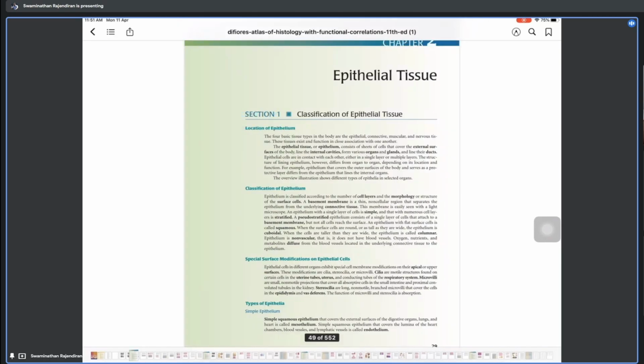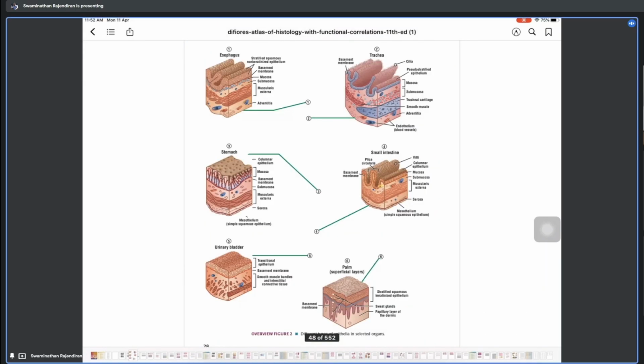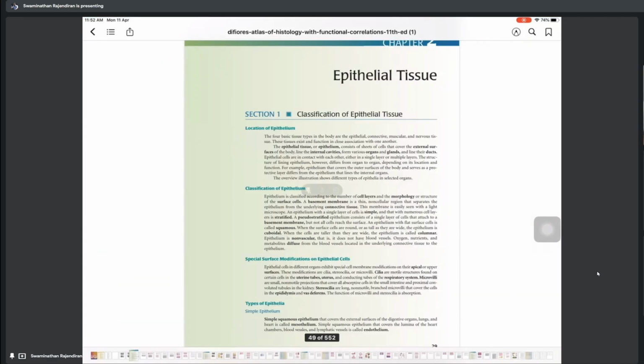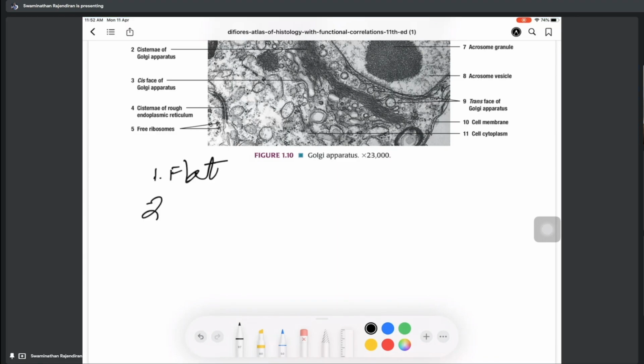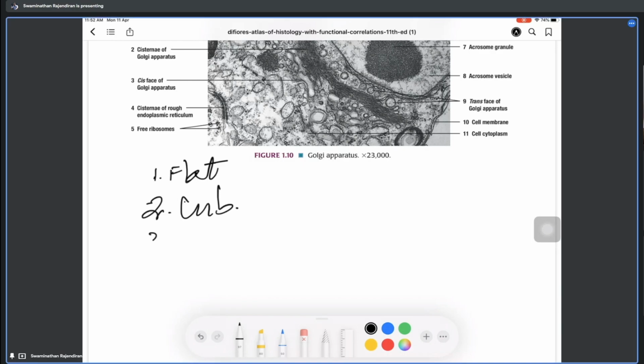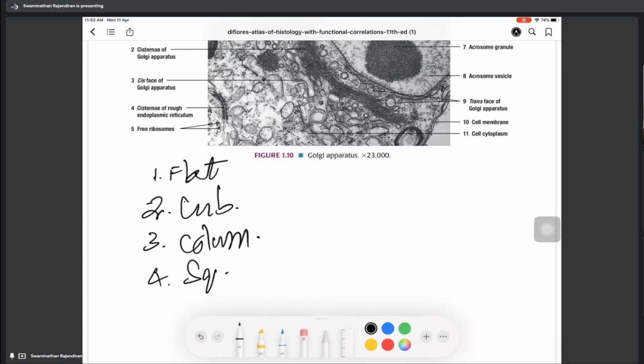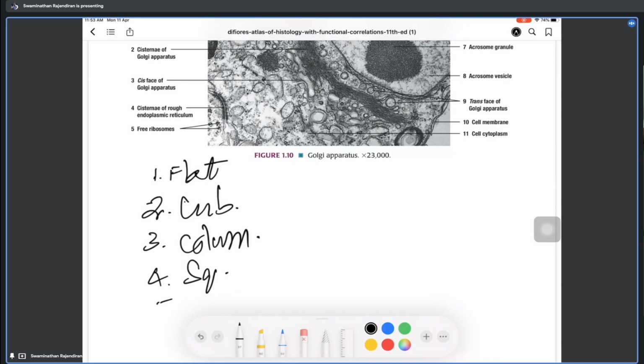Here is the second chapter, the classification of epithelial tissue. Epithelium, what are the types of epithelium I mentioned there? Flat, cuboidal, columnar, squamous, urothelial. Super.